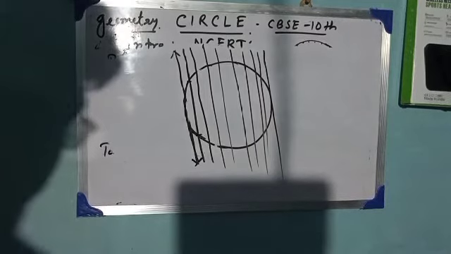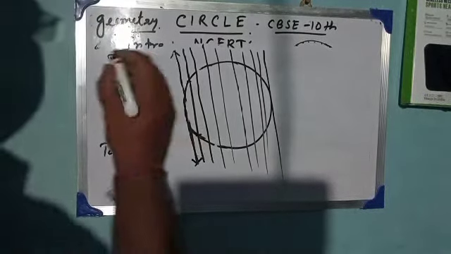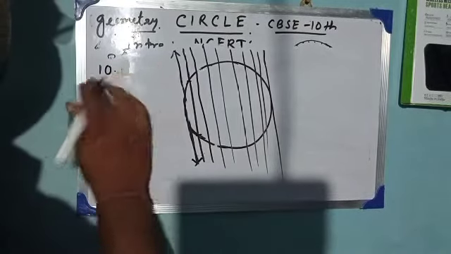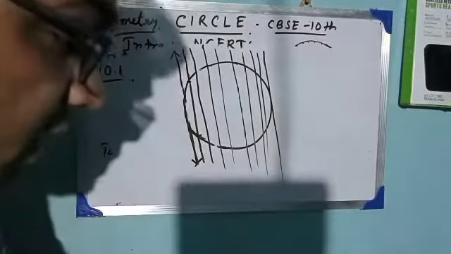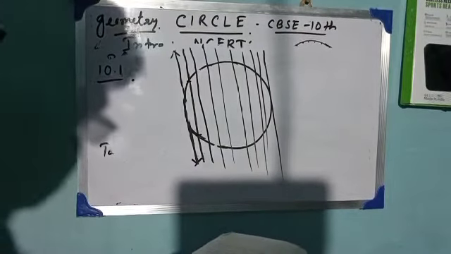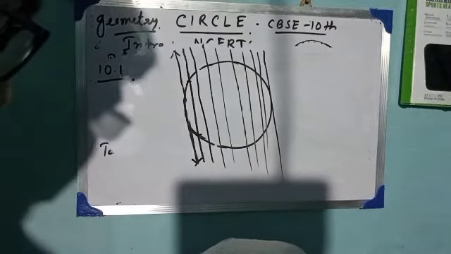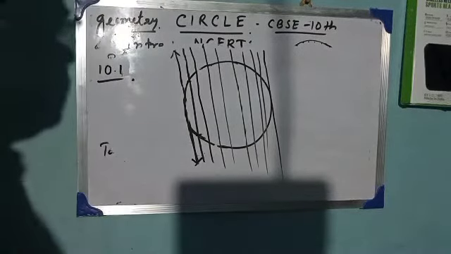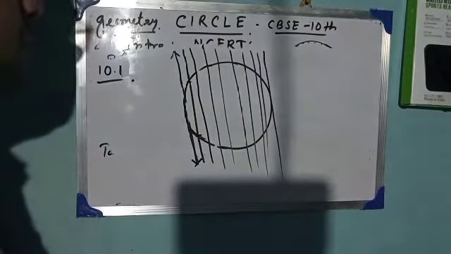Next, theorem number 10.1 in NCERT. Theorem 10.1: The tangent at any point of a circle is perpendicular to the radius through the point of contact.